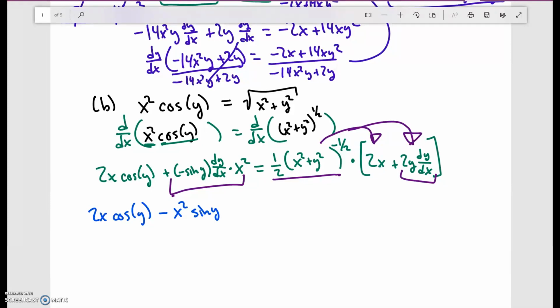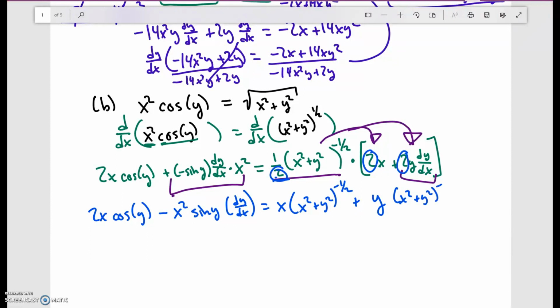And then I'm going to write just dy over dx here, is equal to, now I'm going to distribute this. So this 2 is going to cancel out with that 2. So I'm left with x times x squared plus y squared to the power of negative 1/2. And then plus, now this 2 is going to cancel out this 2. So I'm going to have y times x squared plus y squared to the power of negative 1/2 times dy over dx. Okay, we're almost there.